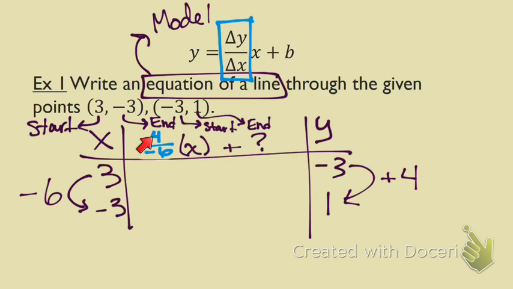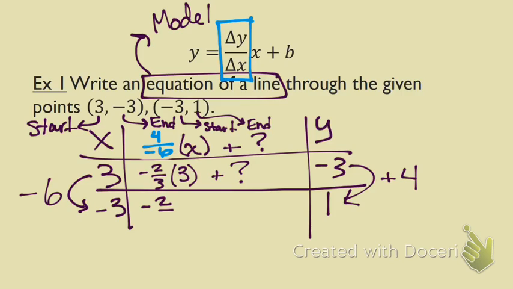So we're going to take 4 divided by -6 times 3, and then we'll figure out, well, how much more do we need to add to get to -3? We're going to do it again to see, okay, 4 divided by -6 times -3 plus a magic number to get to this end. So after reducing, -2/3 times 3 plus what gets me to -3?